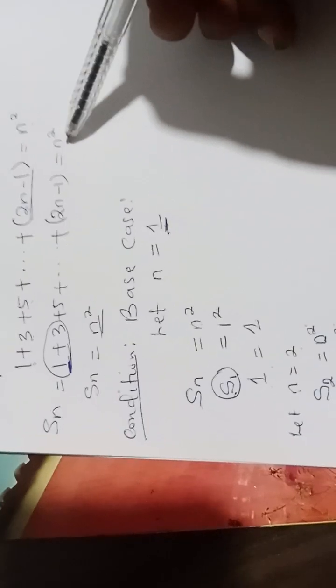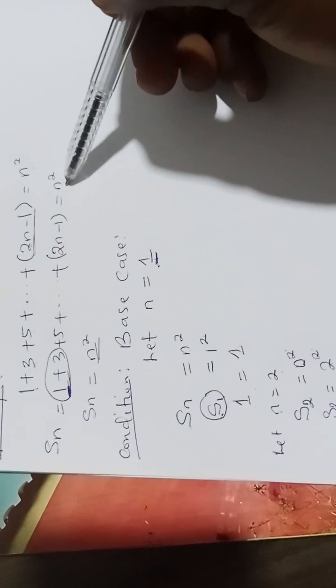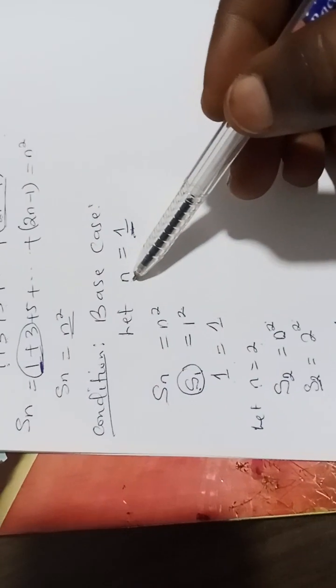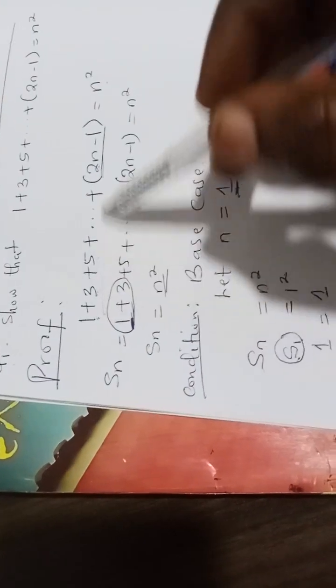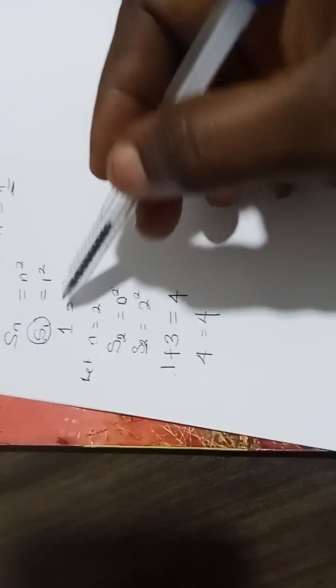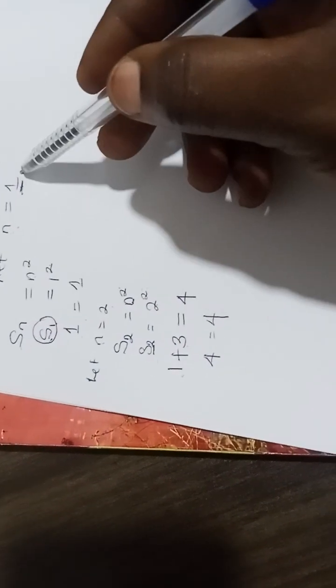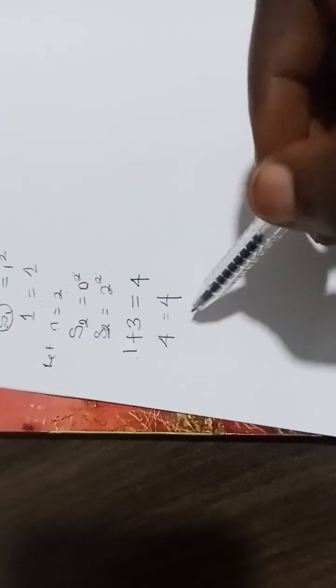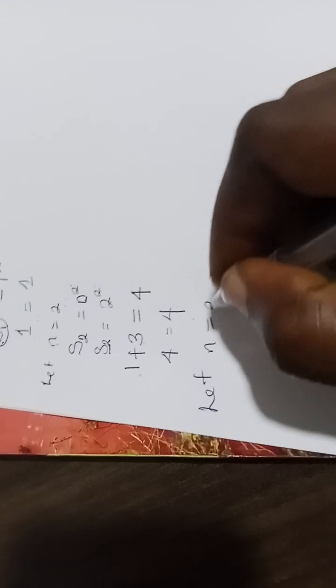So it shows that this is actually the rule with which, if you substitute any value of n, you get the complete series. Having confirmed that at n equal to 1, the rule holds, and at n equal to 2, the rule holds, you can continue testing it up to 3.